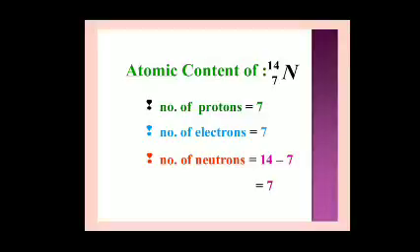The fundamental particles, protons, electrons and neutrons, are the same number, 7, in N-14. So in nitrogen: protons 7, electrons 7, neutrons also 7.